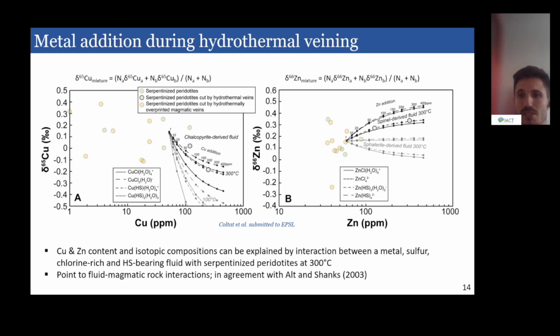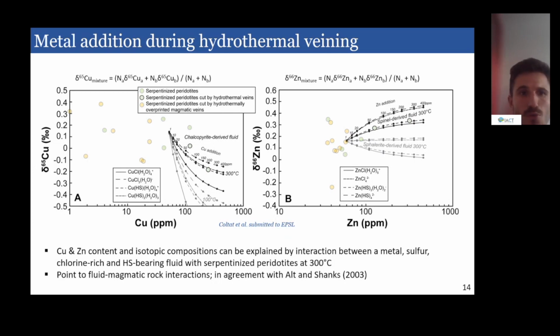And so once again here, we try to understand the conditions of metal addition in the hydrothermal veins using a geochemical modeling survey. Here the approach was a bit different. We tried to model the interaction between serpentinized peridotite and a fluid which would have already interacted with different metal-bearing phases to leach the metal. As you move towards the right, you add more and more metal in your system.